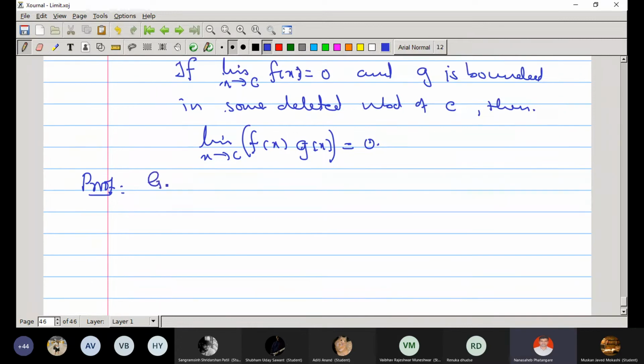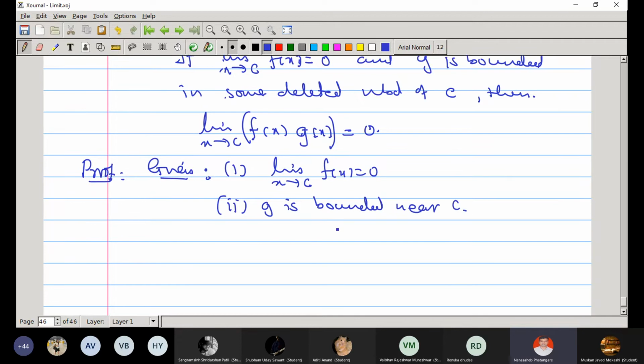So what is given? Limit x tends to c of f(x) is equal to 0. What is the second thing? g is bounded near c.